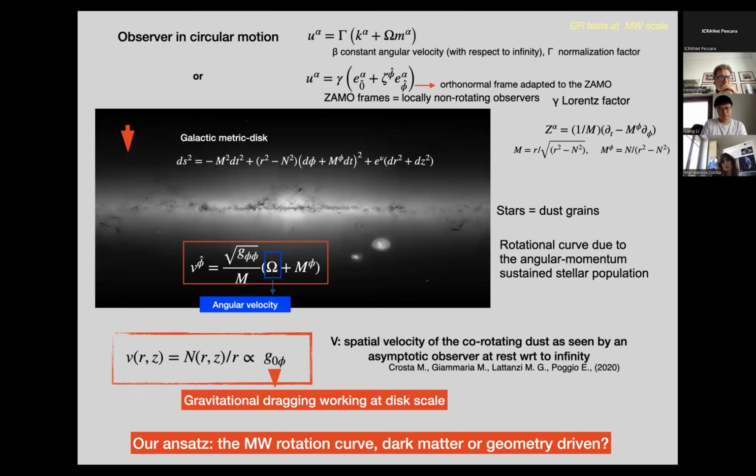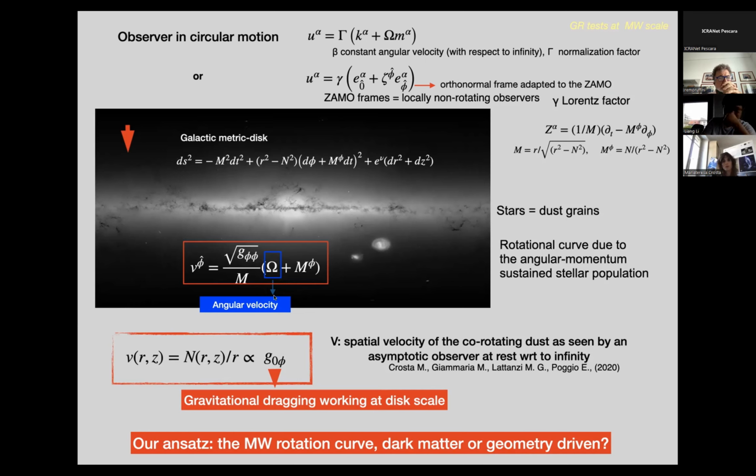Then, if we consider stars in circular motion according to this galactic disk metric, the stars can be represented either with respect to the coordinates or with respect to a local non-rotating observer like ZAMOs. So our ansatz for our first test was to measure the rotational velocity of the star with respect to the local rotating observer, which is this expression.